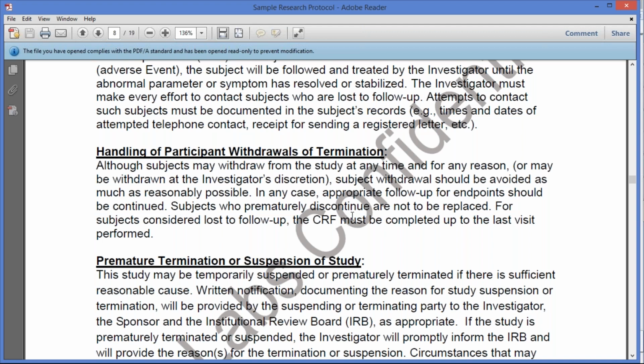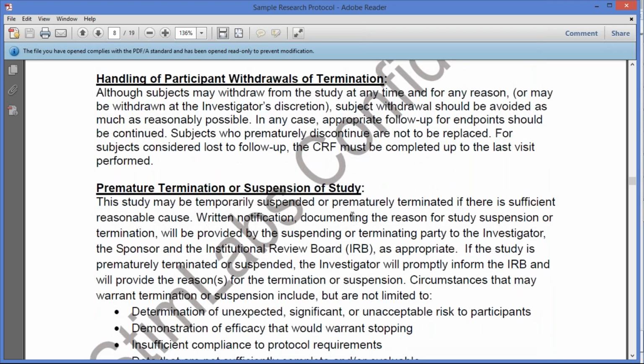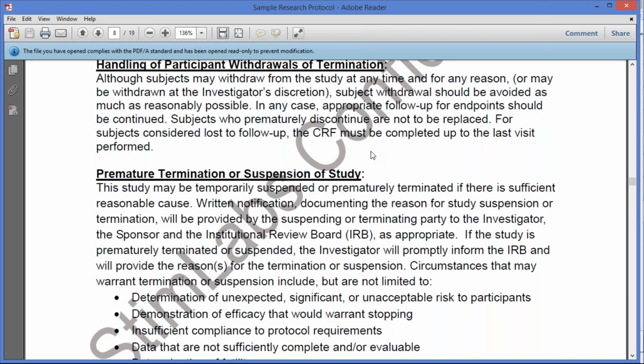Other studies may replace the withdrawn patients, but here withdrawn patients will not be replaced because it is surgery. Whenever a patient withdraws, they cannot go on conducting the surgery for new people, right? It's difficult. So, withdrawn patients, not to be replaced.